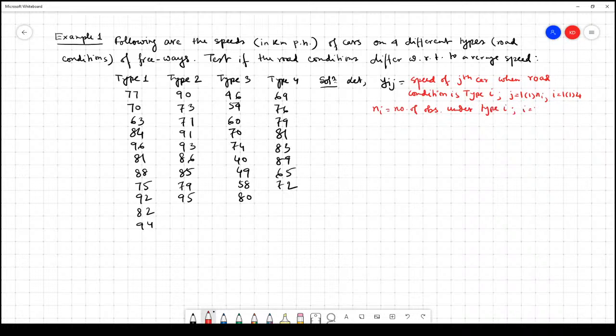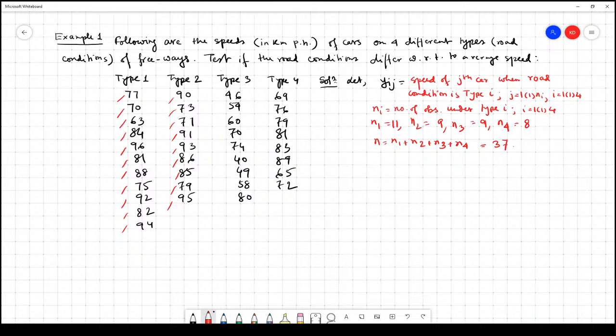Hence n1 equal to 11, n2 equal to, n3 equal to 9, n4 equal to 8, and n is the total number of observations, which is the sum of these 4, that means 11 plus 9 is 20, 29 plus 8, that is 37.